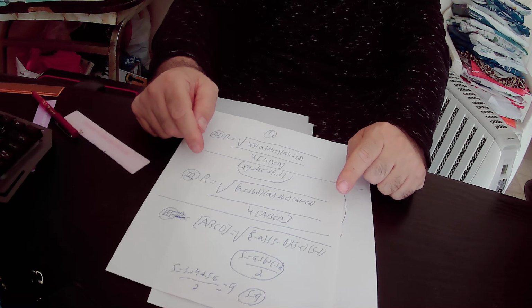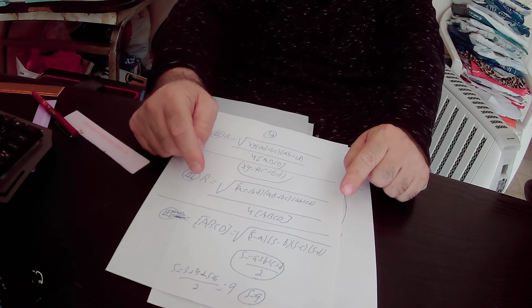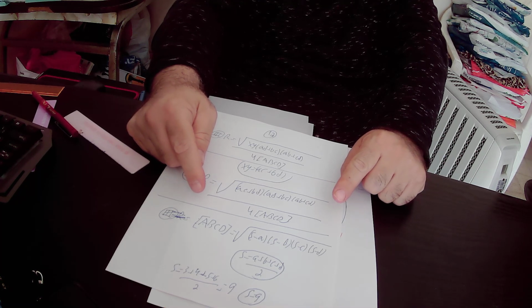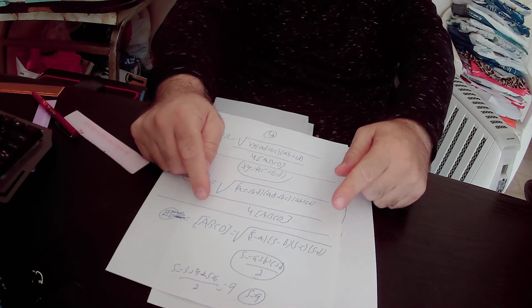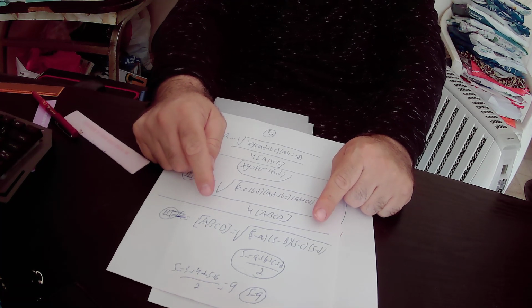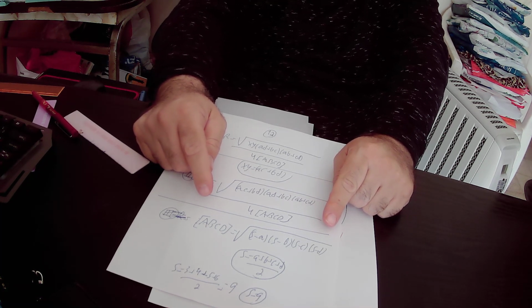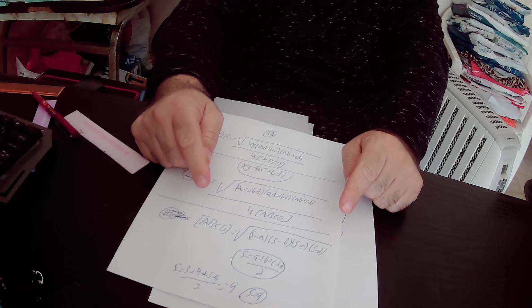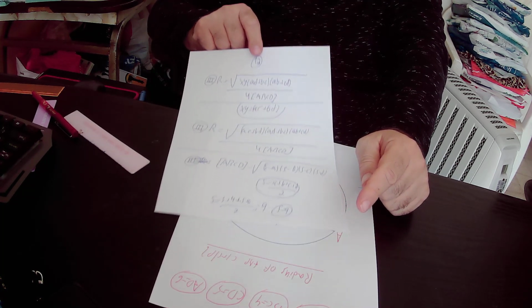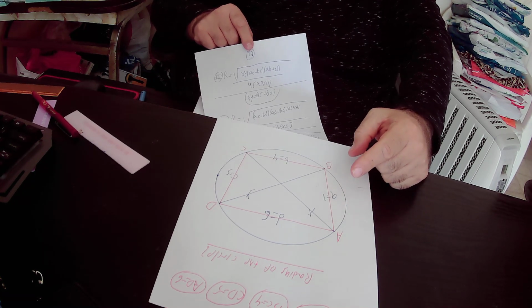We have already found the area of quadrilateral ABCD, but I repeat the same process again. The area of quadrilateral ABCD equals the root of s times s minus a times s minus b times s minus c times s minus d, where a, b, c, and d are the lengths of the quadrilateral's sides.